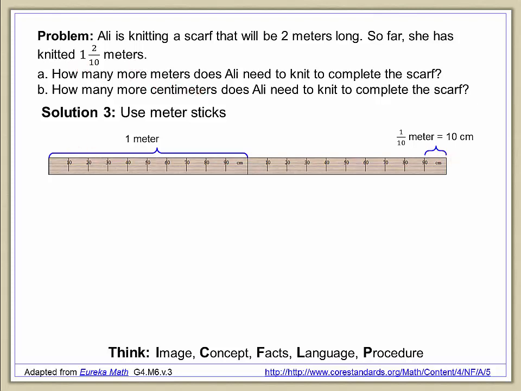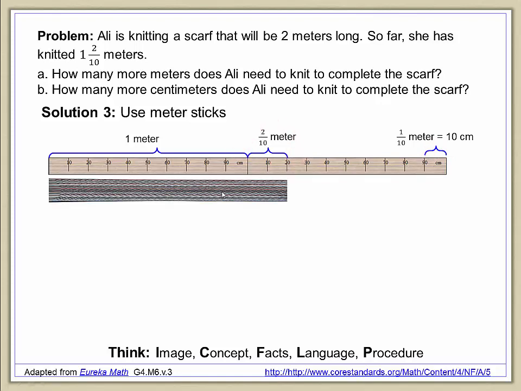We've got our scale all set up and defined our units. So 1 2/10, well, here's 2/10. If this is 1/10, then this distance is 2/10, and the amount of scarf that we've already knit would be represented by this distance. And what we're after now is how much more scarf we need to knit.